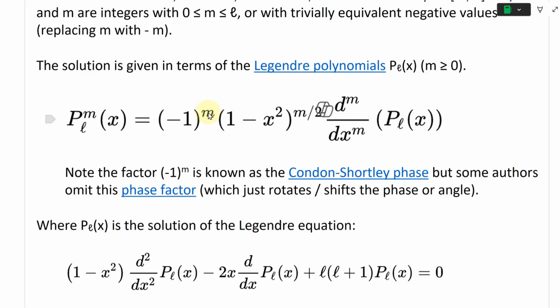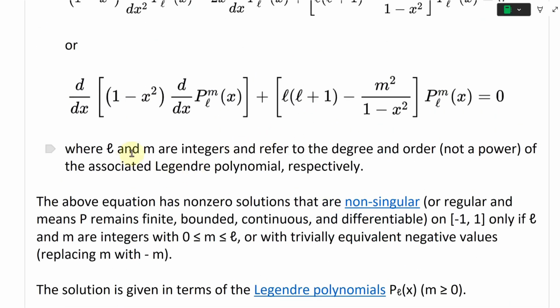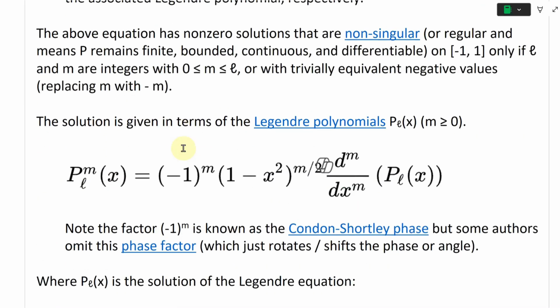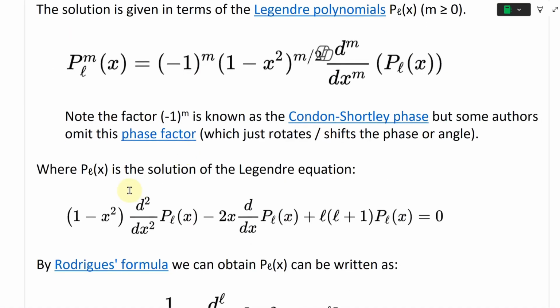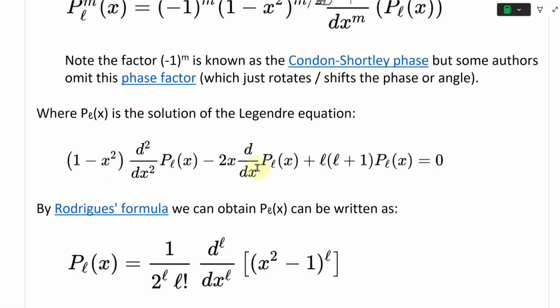And so when m is an even number, this will be positive. When it's an odd number, it will become negative. Anyways, remember, L and m are integers. And also PL of x, the Legendre polynomial, is the solution of the Legendre equation.